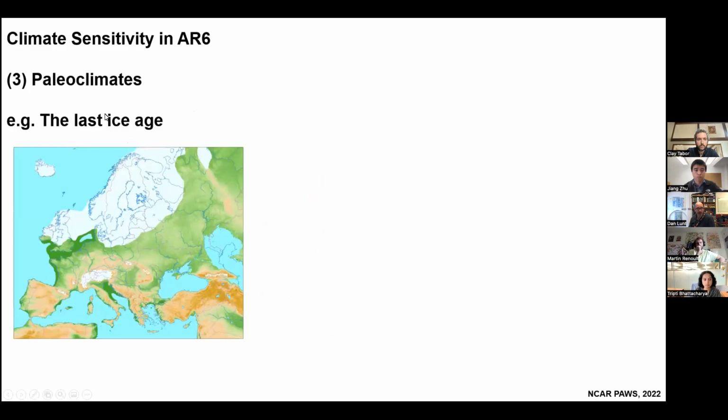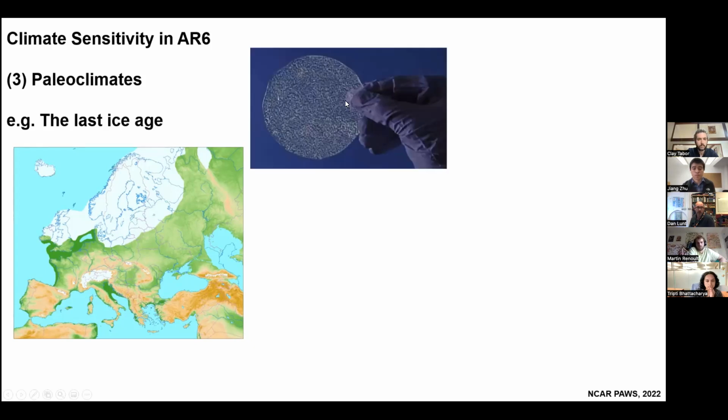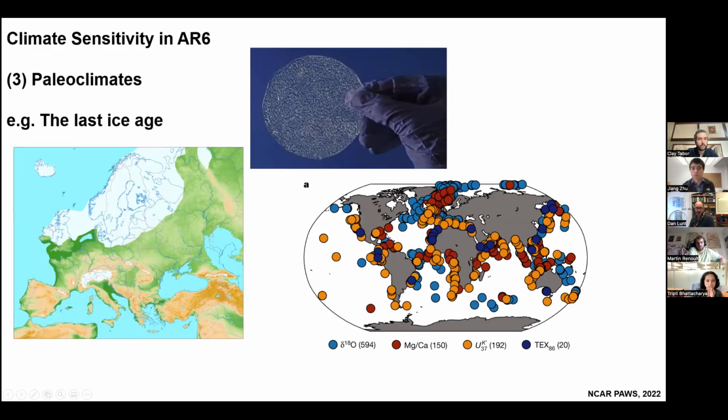The bit that I really want to focus on, though, is the third line of evidence, which is using paleoclimate data to constrain climate sensitivity. As a very quick example, if you take the last glacial maximum, we have very good estimates of what the CO2 concentration was at the time. We have paleo data that tells us something about the temperature response at the time, which you can convert to a global mean temperature, with an uncertainty associated with the calibration of the proxies and with going from individual records to a global mean.